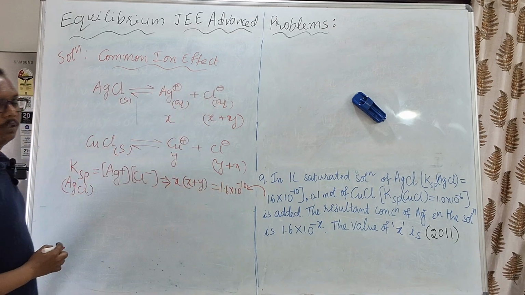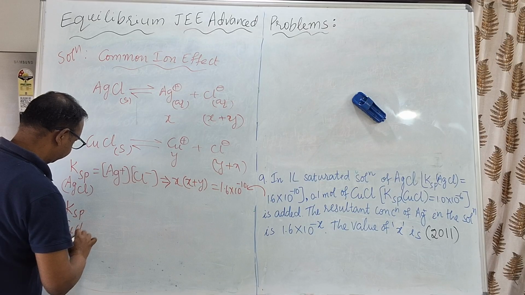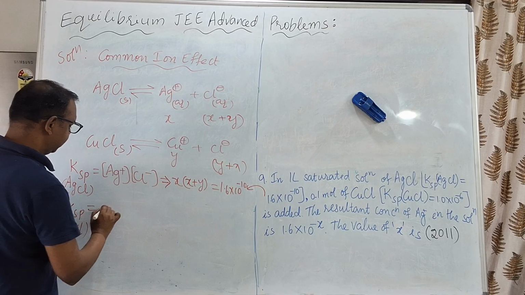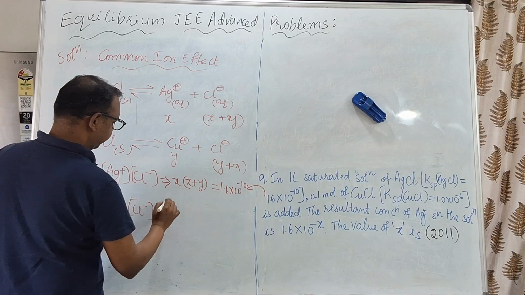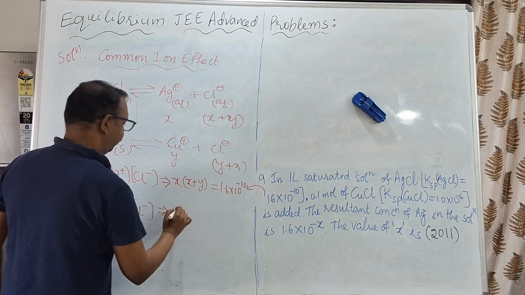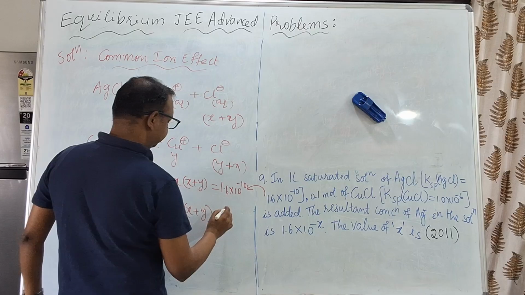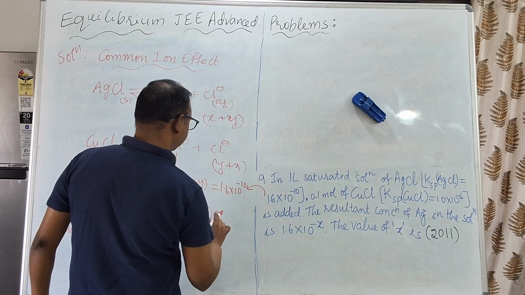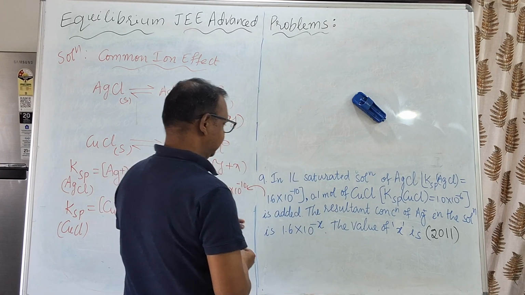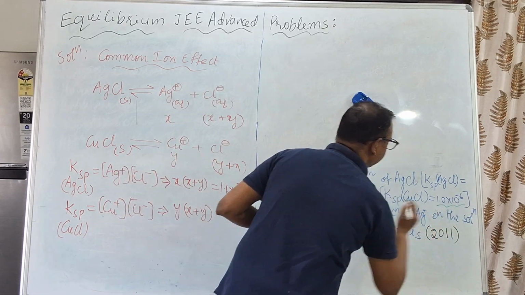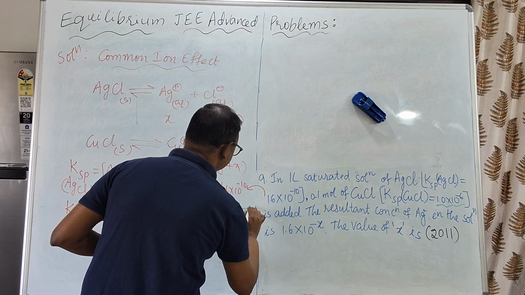Substitute the value. Similarly, Ksp of CuCl is Cu plus into Cl minus, here also y into x plus y, equal to 1.0 into 10 power minus 6 for CuCl.